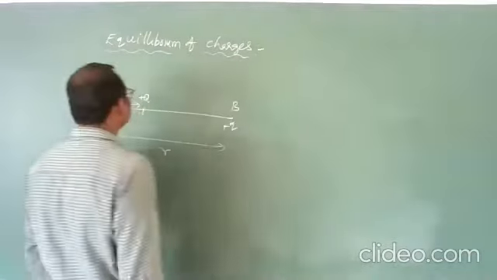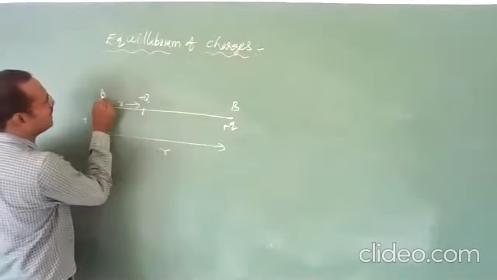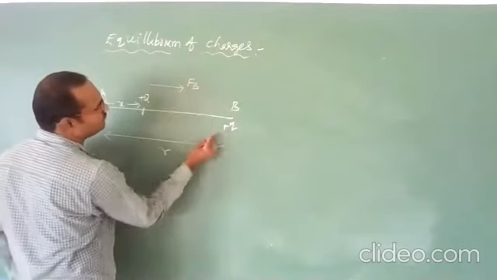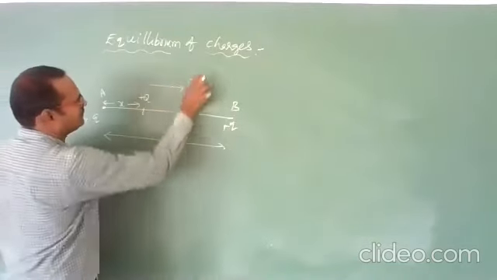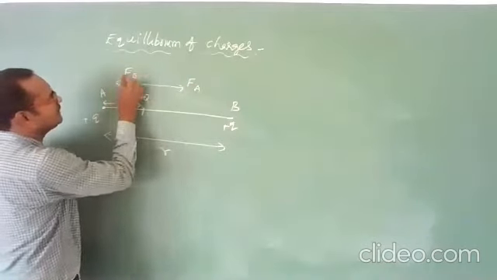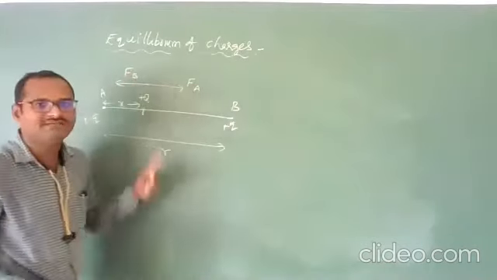My condition is that the force on this plus q charge should be 0. So there is a force due to the charge at A in this direction, and there is a force due to the charge at B in this direction. If these two forces are equal, then the net force on it will be 0.